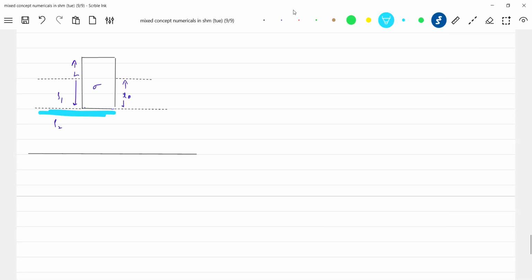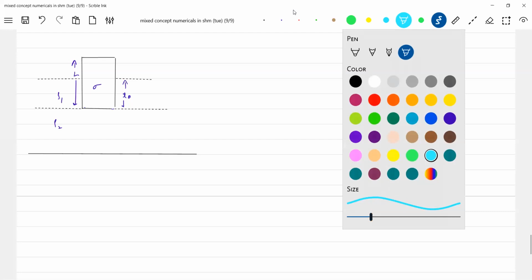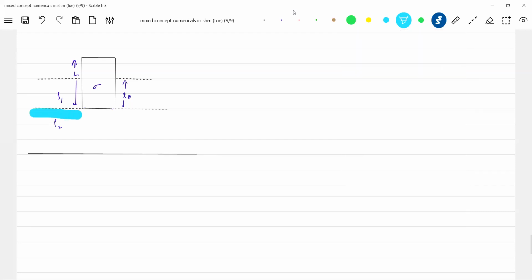It's a very nice problem. Just know what we studied, know the application of that. This is one liquid. Blue color is what we have, one liquid. This yellow color is another liquid.